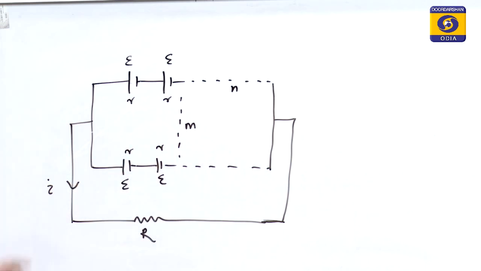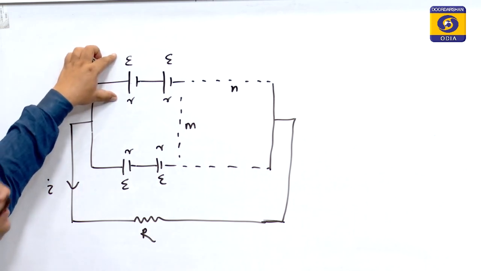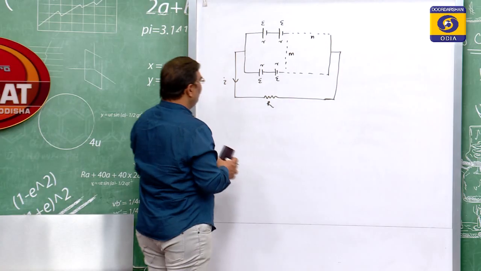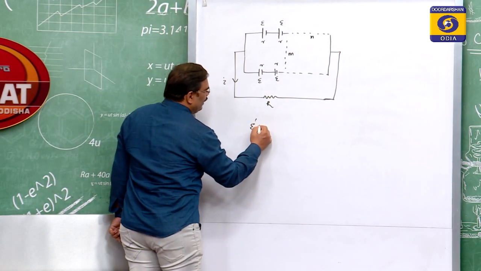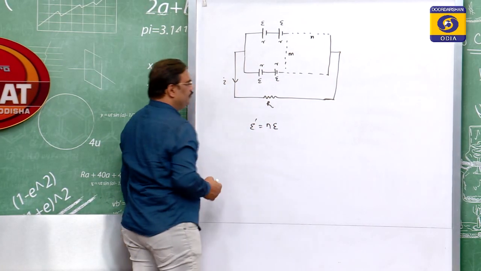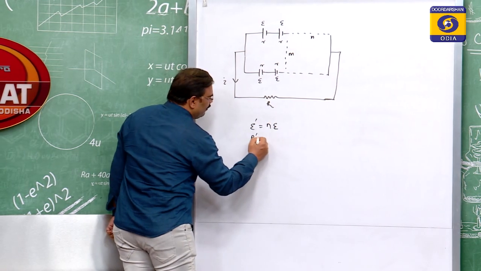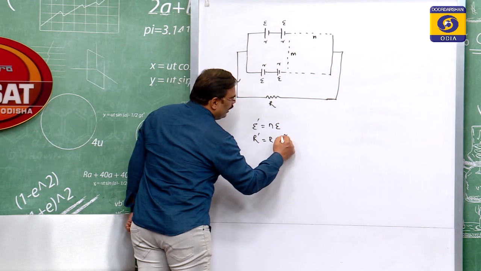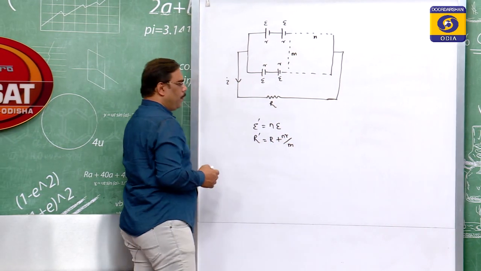So, therefore, in each group I am getting an effective EMF of nE, m times. So my effective EMF is nE and my effective resistance is R plus nr divided by m.